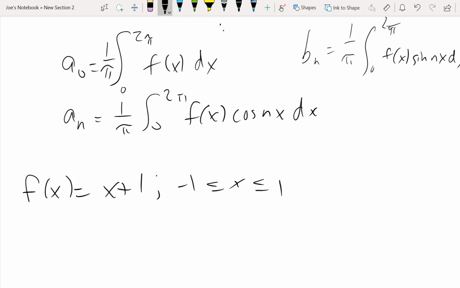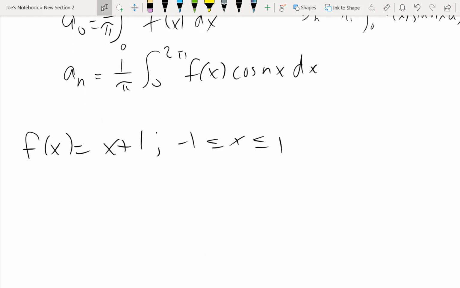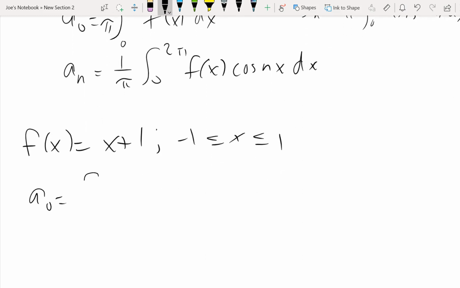Okay? So your A naught here will just be the integral from -1 to 1. Like I said, we can start at whatever point we want. They told us to start this period at -1 and go up to 1. So here's one period of the function. F of x is x plus 1 dx. And we can do this integral, but I'm just going to do it in GeoGebra in a minute anyway.